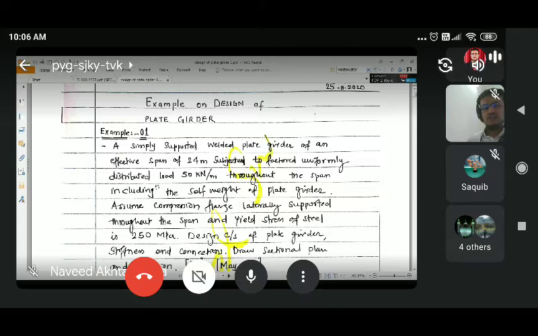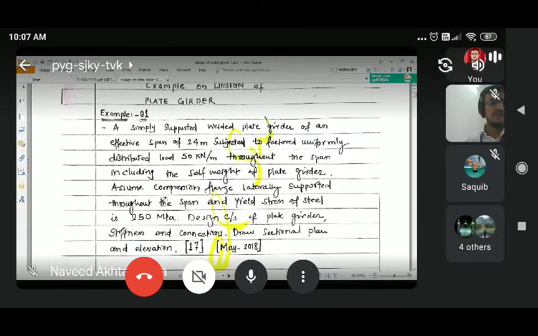It is not so hard, but it consumes more time to solve this example. So practice is needed, with all the necessary material for the design of your plate girder.